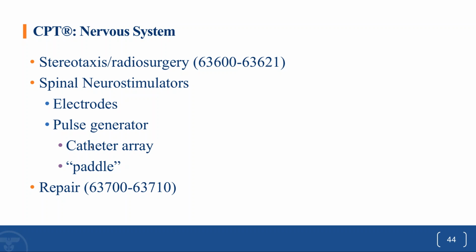Because if you don't highlight and make the words jump out at you, they kind of all run in together. But if you're looking at 63301 and you highlight extradural and then you highlight transthoracic approach, and if you look at 63302, it's also extradural, but that's thoracolumbar approach.